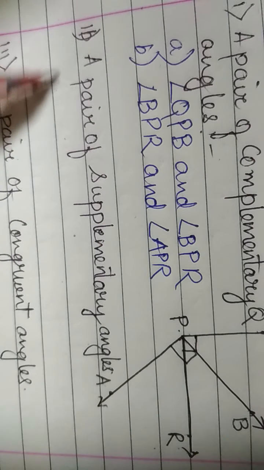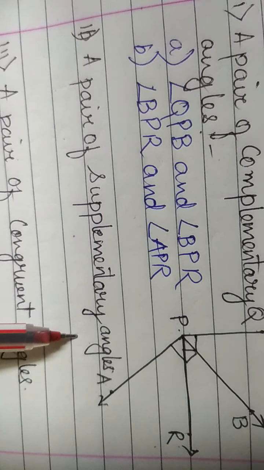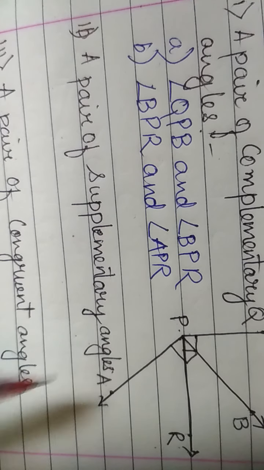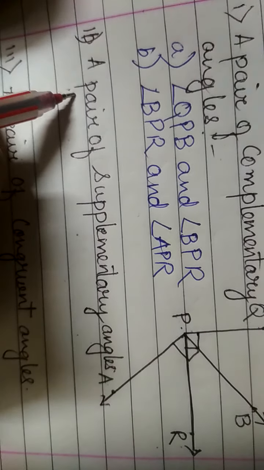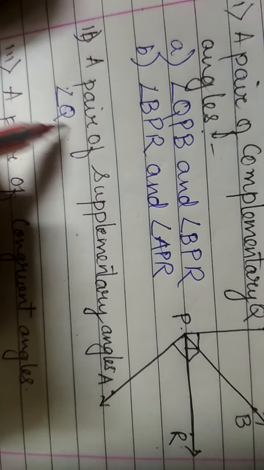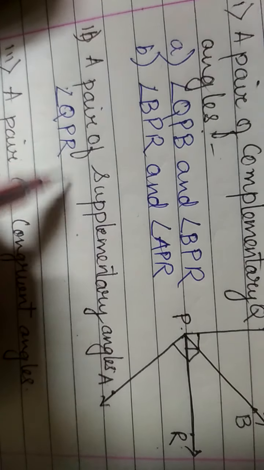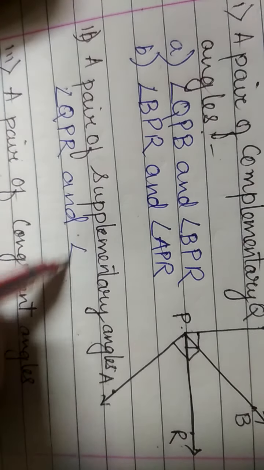Now the second part is a pair of supplementary angles. A pair of supplementary angles means when you add them, we get 180 degrees. So angle QPR and angle APB. From the diagram you can see angle QPR and angle APB; if you add these two angles, we get 180 degrees.